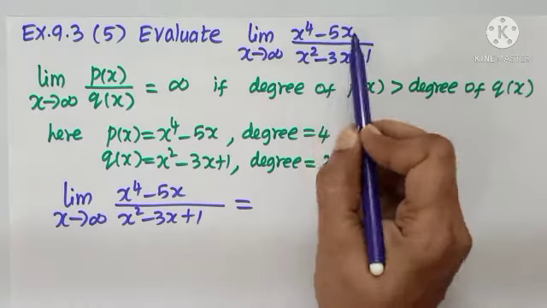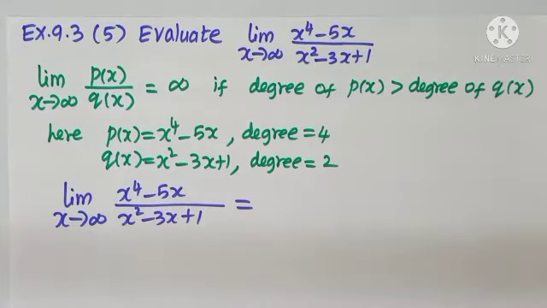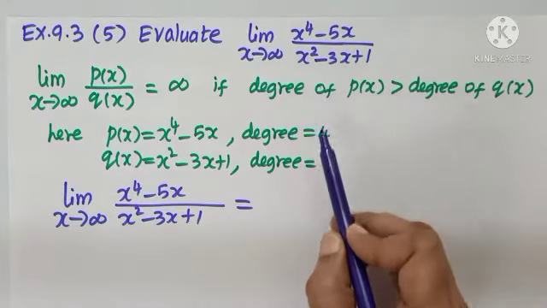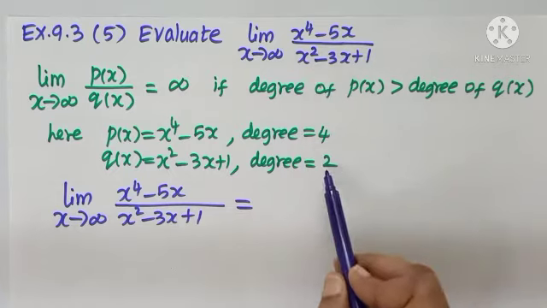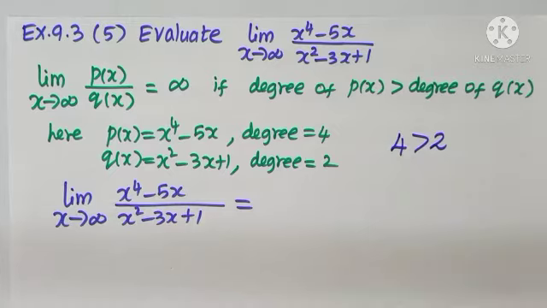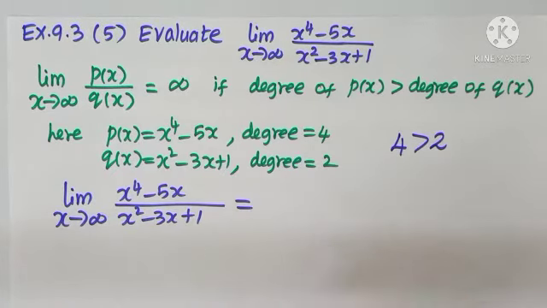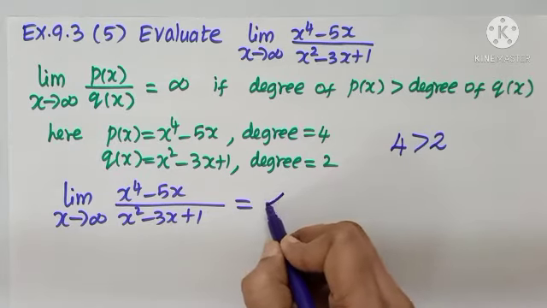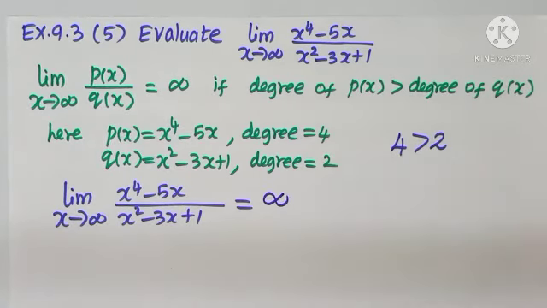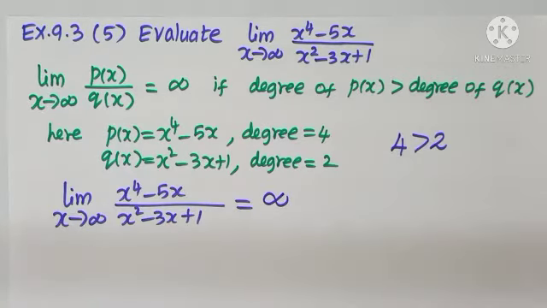The numerator I call p of x, the denominator I call q of x. The degree of p of x is 4 and the degree of q of x is 2. Obviously, 4 is greater than 2. The degree of p of x is greater than the degree of q of x, and so the answer is infinity. These are objective type questions. Instead of simplifying and factorizing, you can very well apply this limit formula.